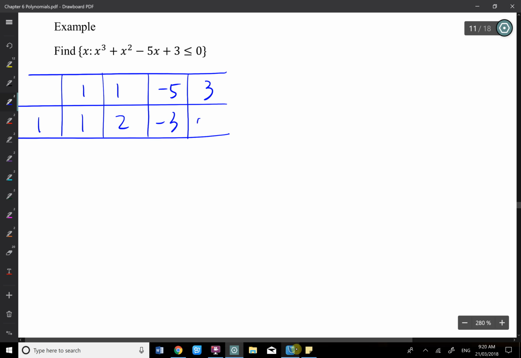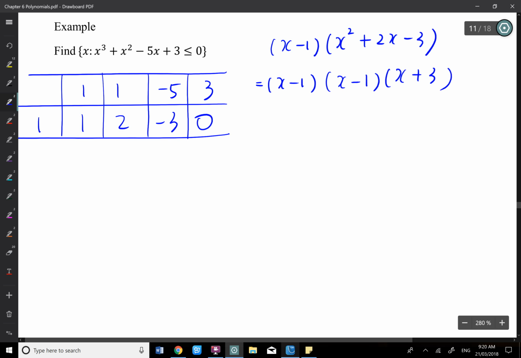Negative 3 and 0. So what we have is x minus 1 times x squared plus 2x minus 3. We have x minus 1 and x plus 3 for this one to factorize. What I have here is x minus 1 squared times x plus 3.